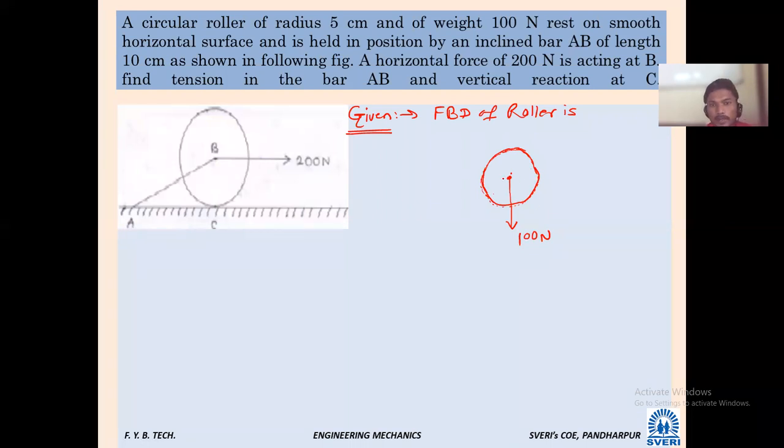Then a force is applied. How much is the applied force? 200 Newton, the force is applied in this way.